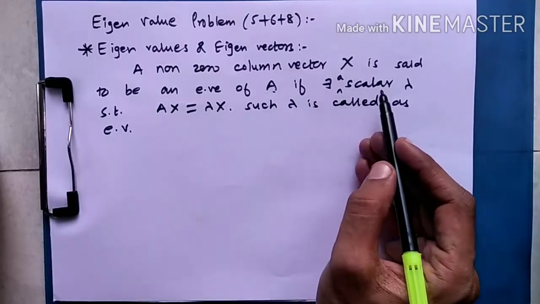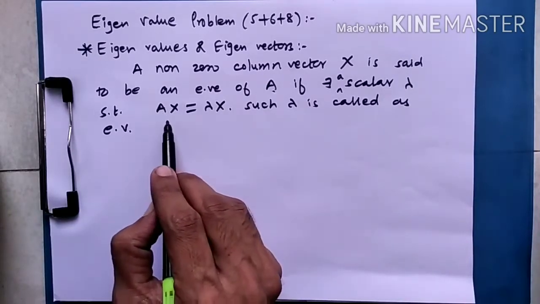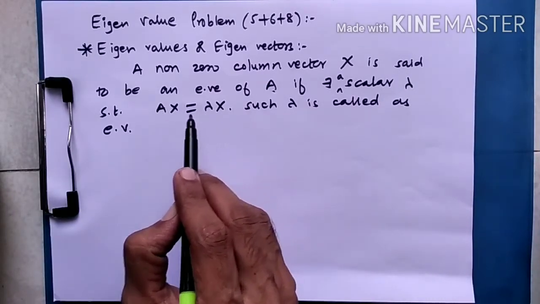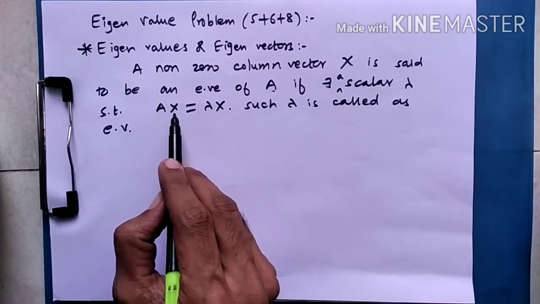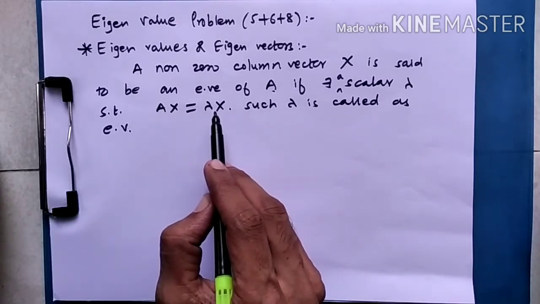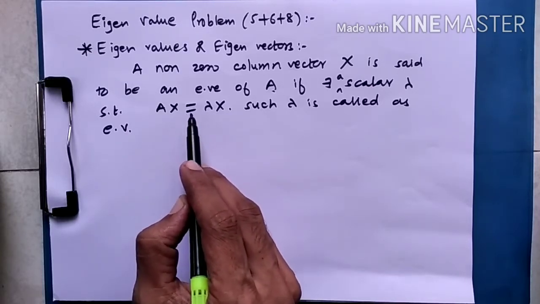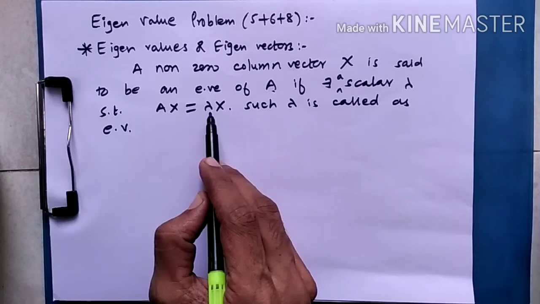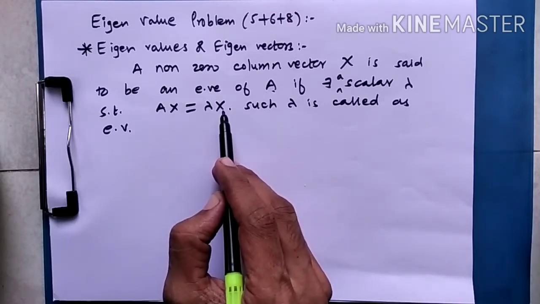If there exists a scalar, say lambda, such that this equation holds, Ax equals lambda x. See what we are having on LHS, multiplying that column vector with a square matrix A, and on RHS multiplying the same column vector with a constant, a number. If value is same for both, such lambda will be called as eigenvalue and X will be corresponding eigenvector.